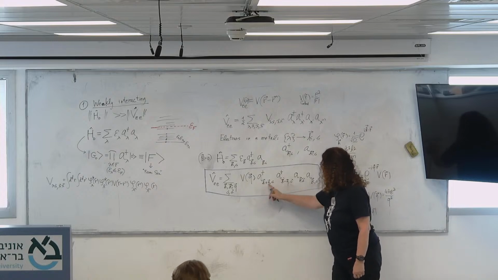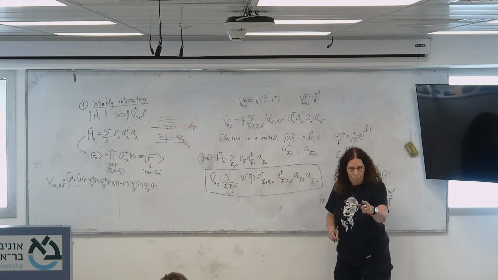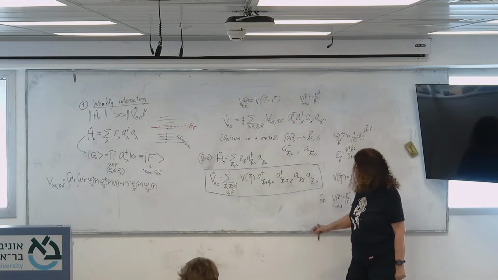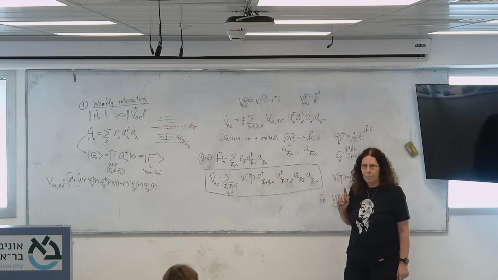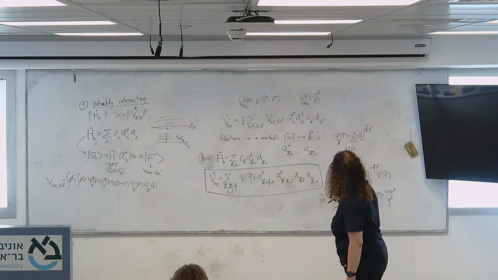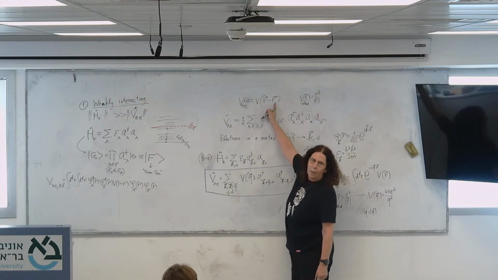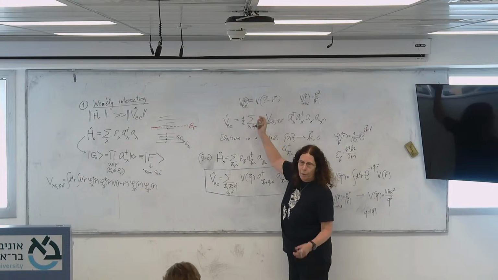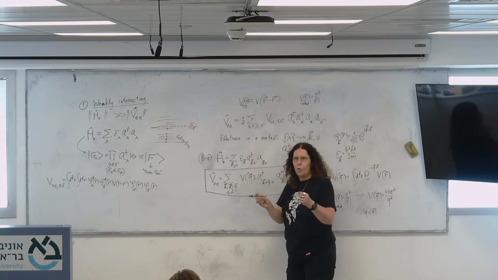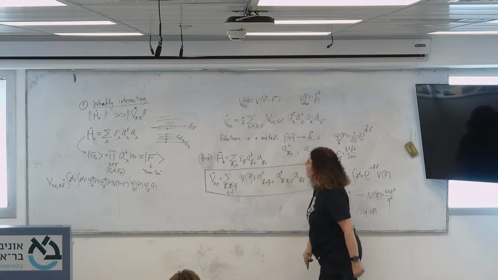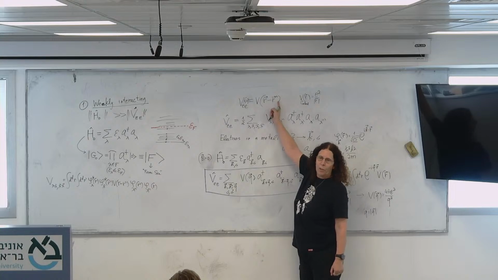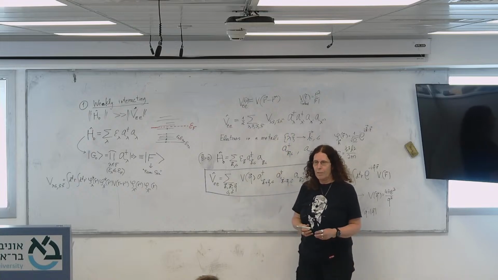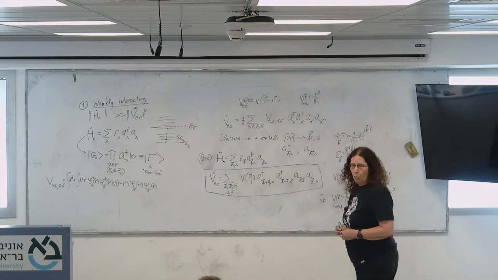But what can you say about the momenta? Exactly, right. If you look at the total, it's conserved. And the reason for it is, again, that I assume the interaction to be translation invariant, depending only on the distance and not on actual position. Okay? So if you like, it depends only on the relative variable and not on the center of mass, the relative position of the particles. That's why there is momentum conservation.